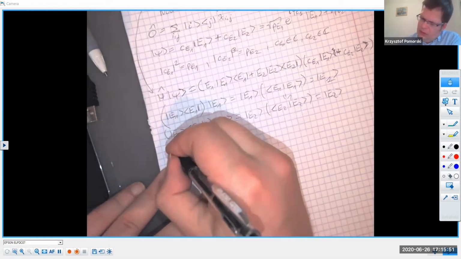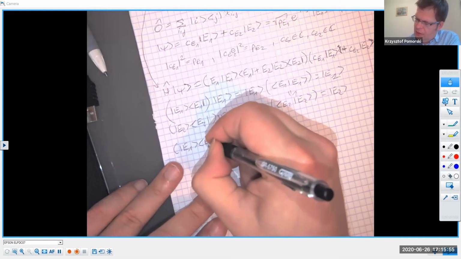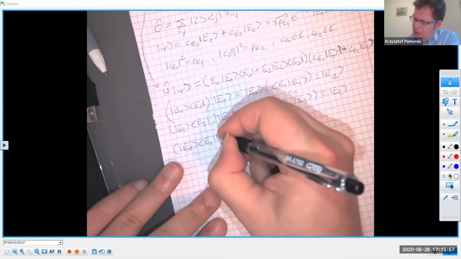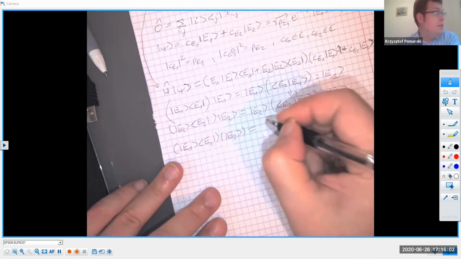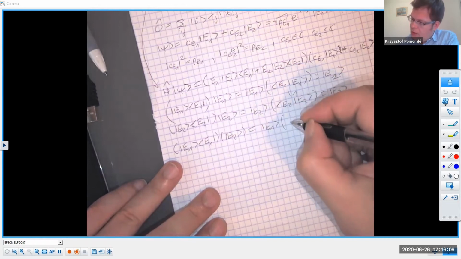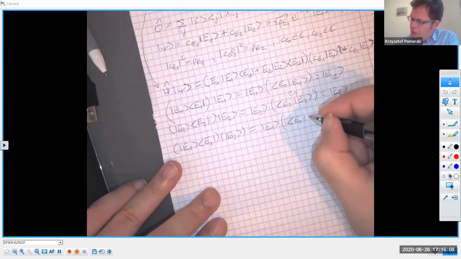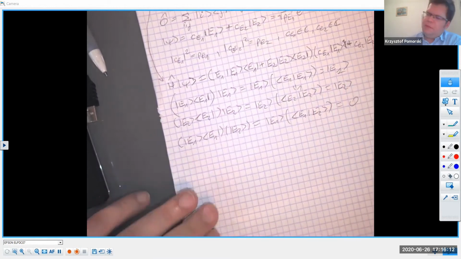And then obviously you need to consider situations where you have such a projector acting on E2. Then what happens is simply there's E1, but those two states are orthogonal, so simply 0.